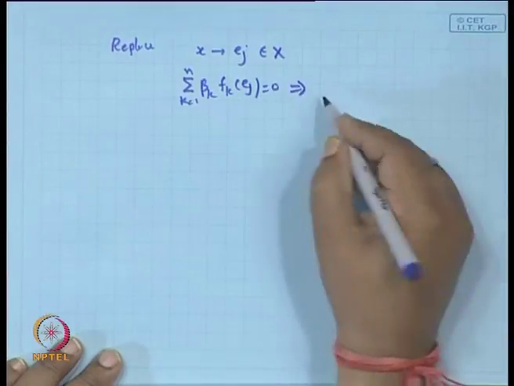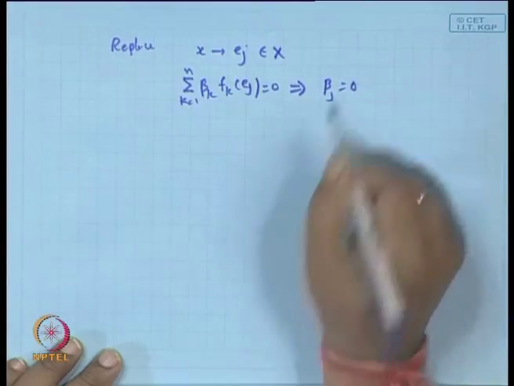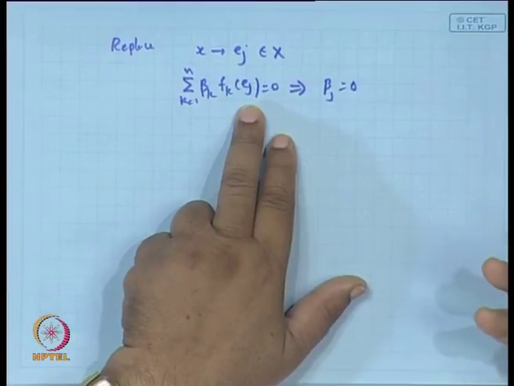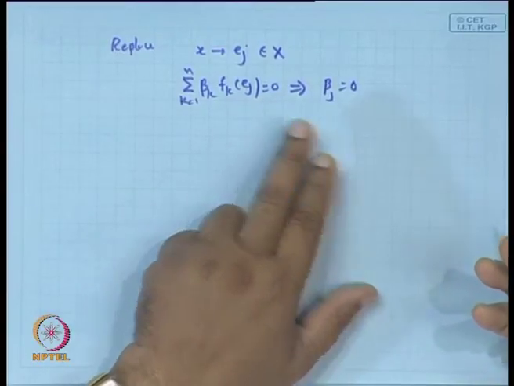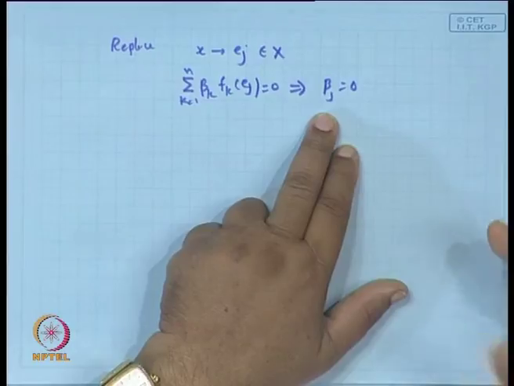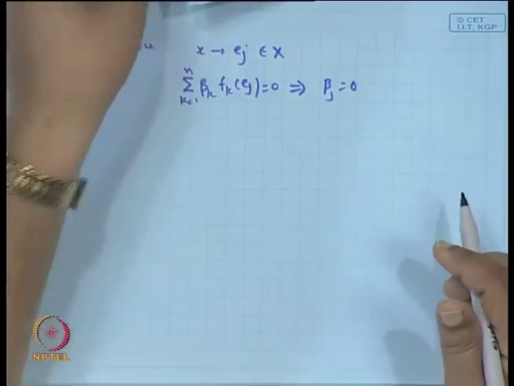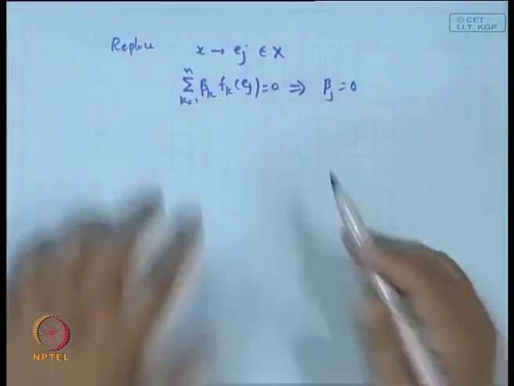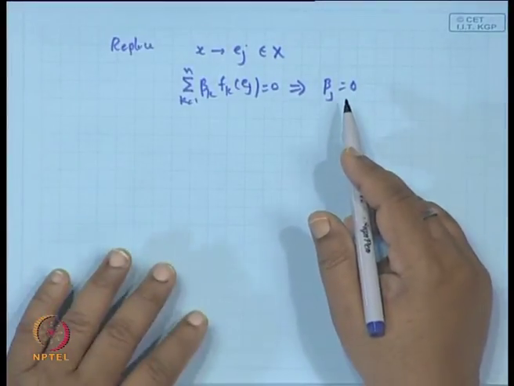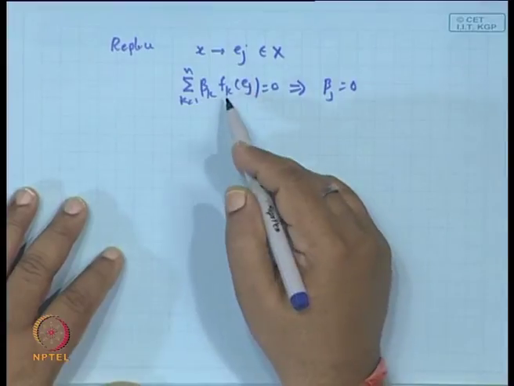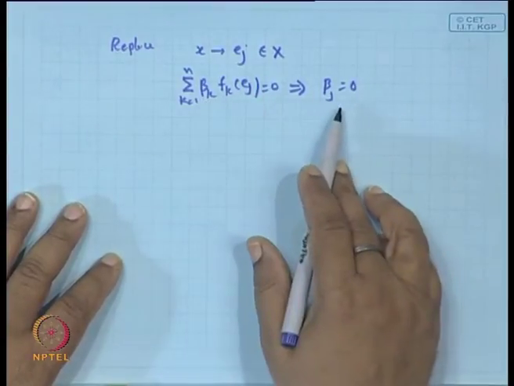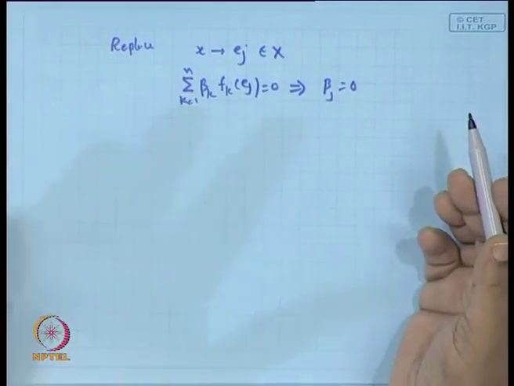This implies that beta j must be 0, because f k Ej will be 1 for k equal to j and the rest will be 0, canonical delta. f k Ej is delta jk, so it is 1 otherwise it is 0. So, beta j is 0. It means that if I keep replacing x by e1, e2, en, then all these coefficients beta 1, beta 2, beta n come out to be 0.